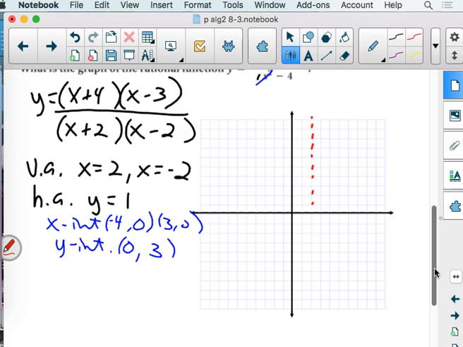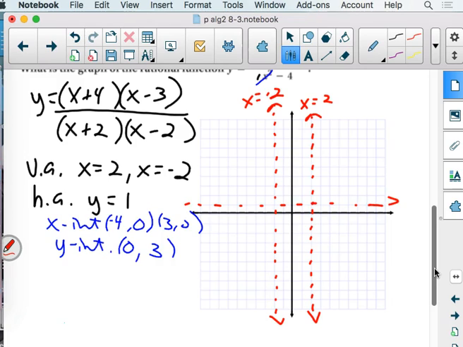We'll make it pop. So one color for all the asymptotes.